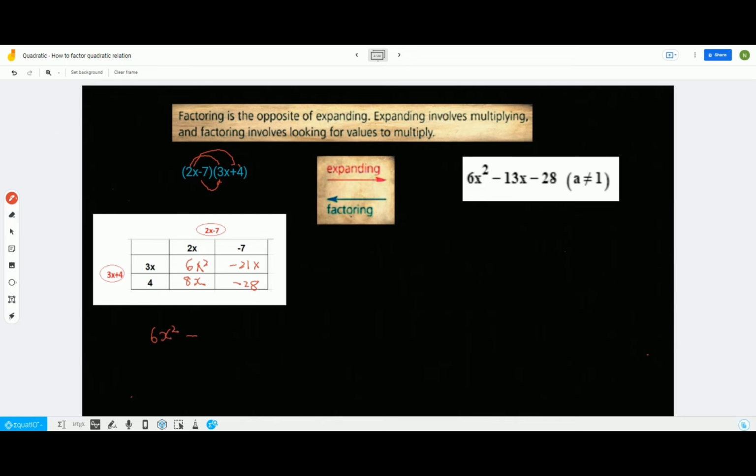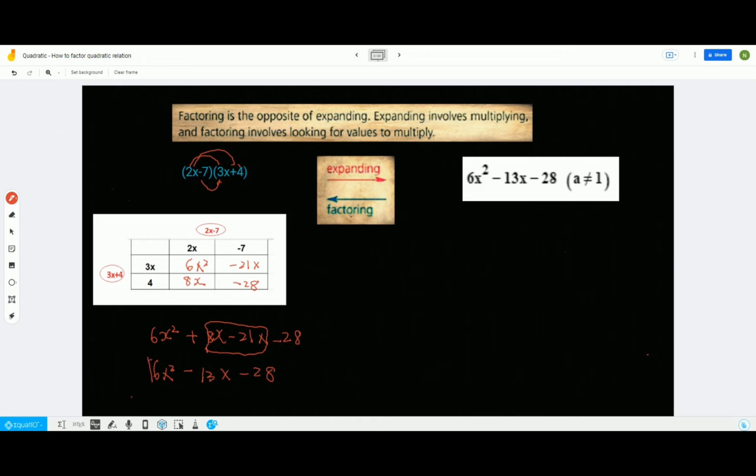Then plus 8x minus 21x and minus 28. We can collect like terms because they have the same x term: 6x squared minus 13x minus 28.